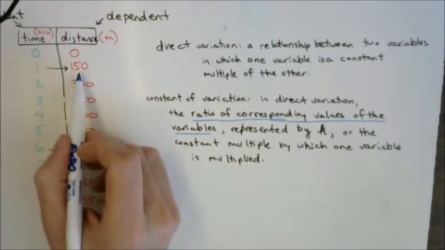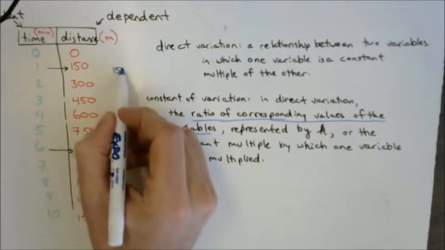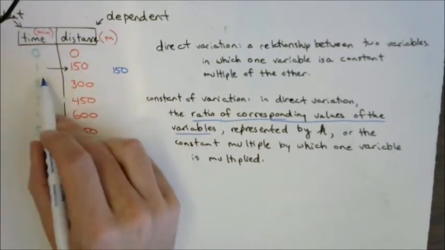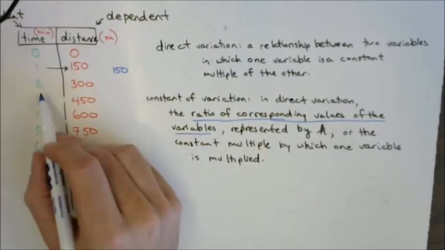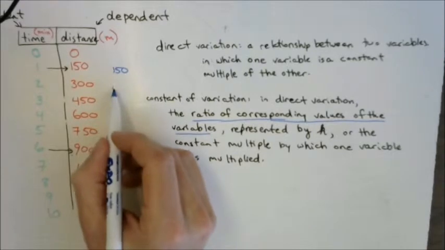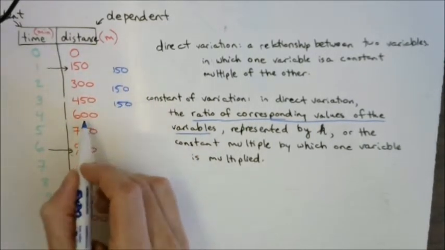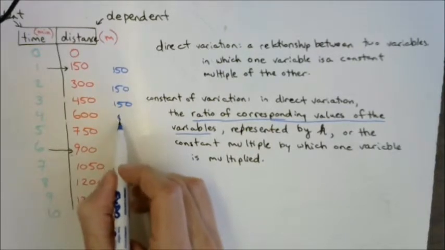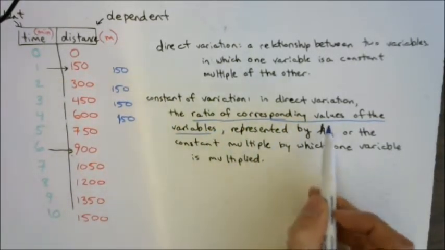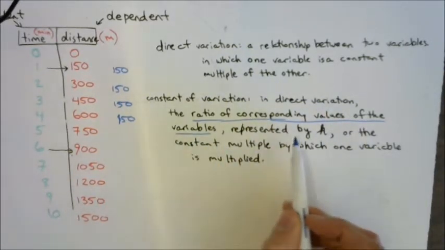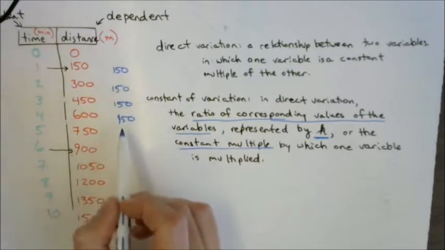If I took 150 divided by 1, I'd get a corresponding ratio of 150 over 1, which is 150. Or I could take 300 over 2, which is 150. Or 450 over 3, which is 150. Or 600 over 4, which is 150. See what's happening? So we've created the ratio of corresponding values of the variable represented by K. We just found out that the constant multiple is 150.